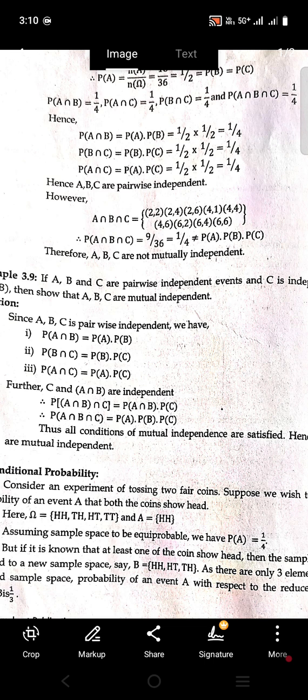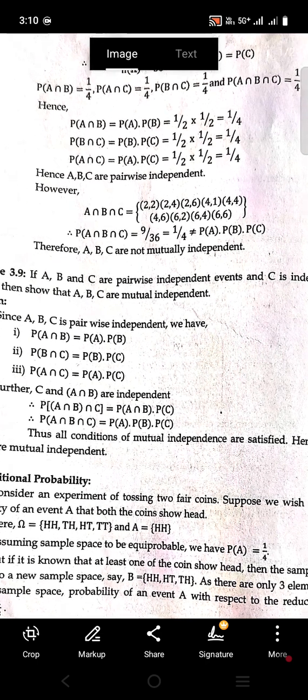As there are only three elements in the reduced sample space B, the probability of event A with respect to the reduced sample space is 1 by 3.